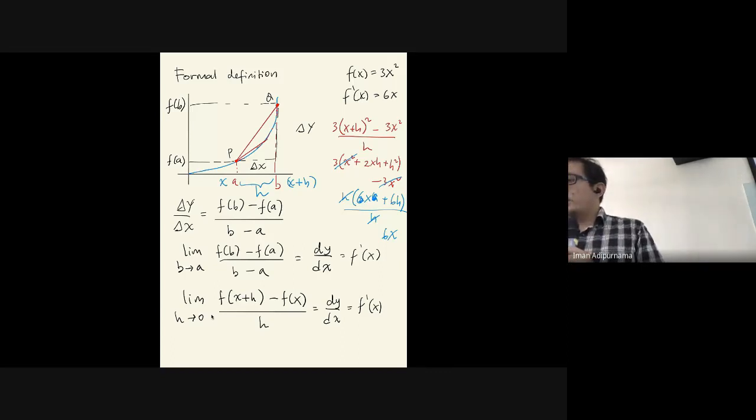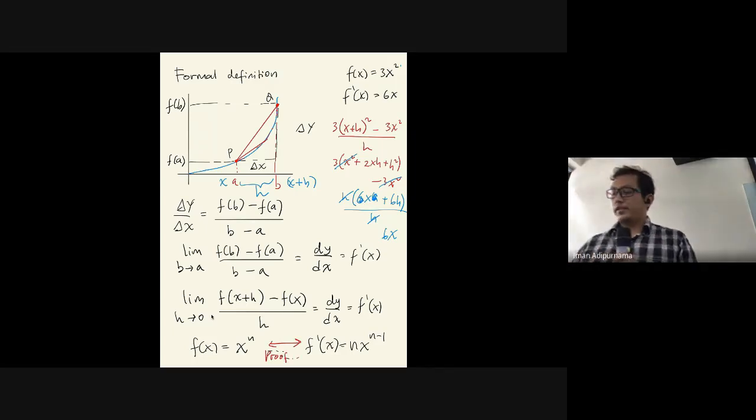To prove that when you derive the 3x squared becoming 6x, you need to proving if you have f of x is x with the power of n, you need to prove this. You need to prove, okay? Prove this.